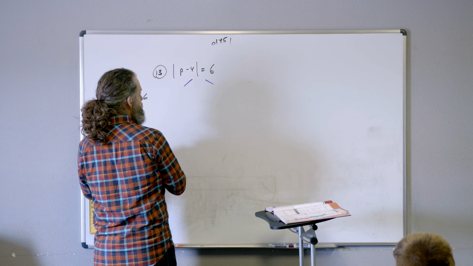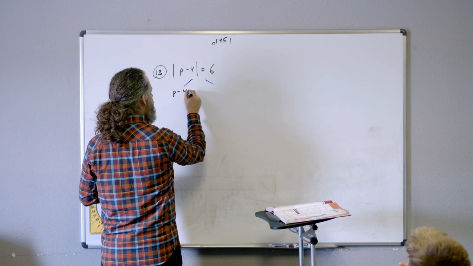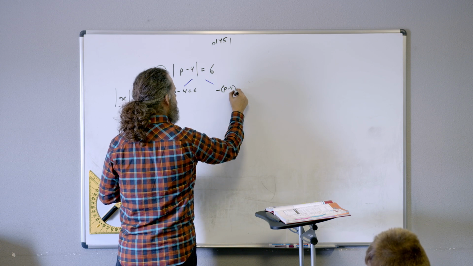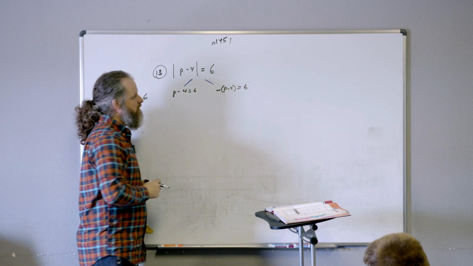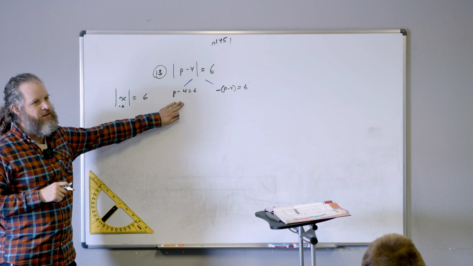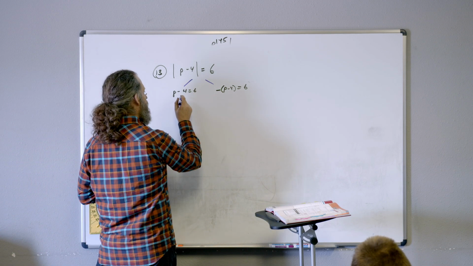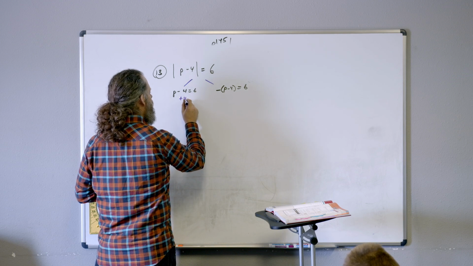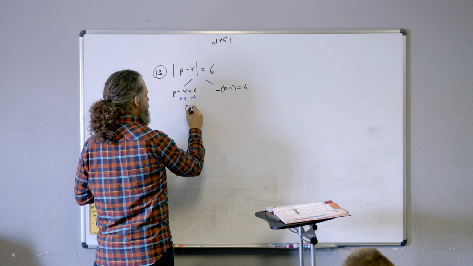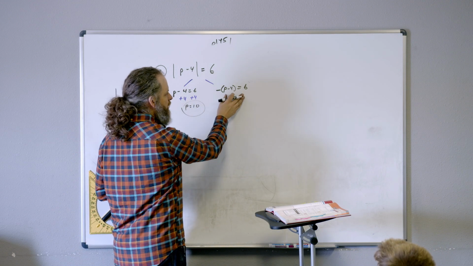If the inside is positive, it gives me the answer, and if it's negative, it also gives me that answer. I can solve each one of those baby equations. So what do I do on this one? Add the 4. So p equals 10. Now what about over here? What do I do over here?